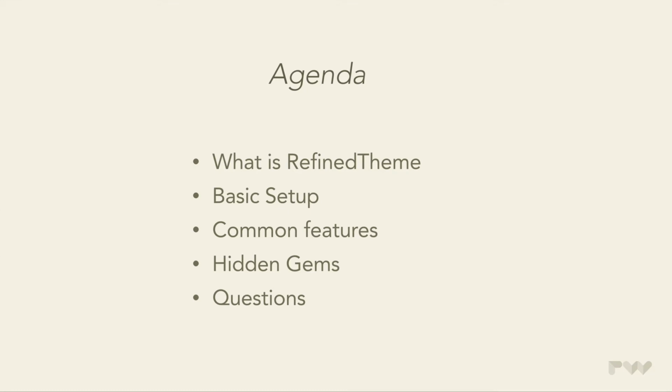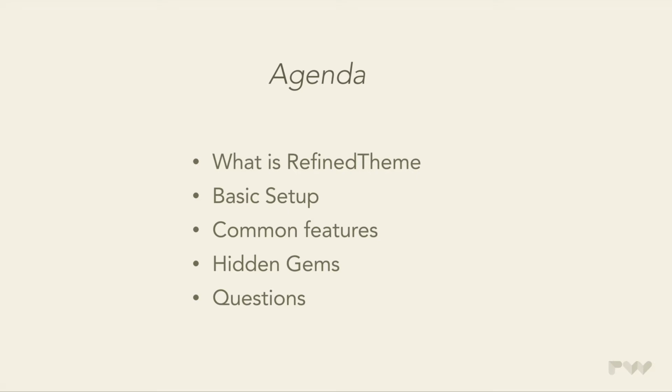All right, so this is the agenda for this morning. First of all, I'm going to talk you through a little bit of what RefinedTheme actually is, and I'm going to mention a few design decisions we have taken along the line to make it the great product that we think it is. After that, we're going to go through some basic setup, and that's just to give you an idea of how to set up a minimum viable product with RefinedTheme.